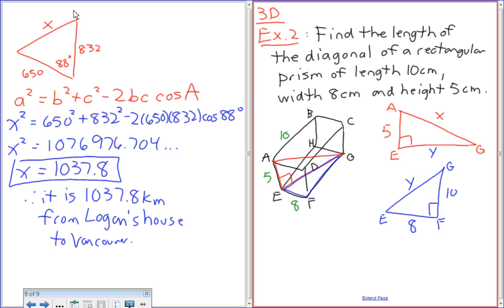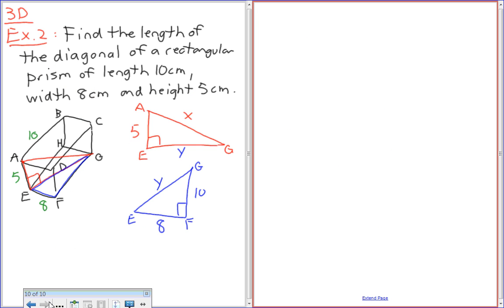Can some of you be brave and tell me, Jesse, since you haven't raised your hand today, how do you solve for Y, please? Go ahead. Good. Keep going. 8 squared is? Oh, you don't know what 8 times 8 is?